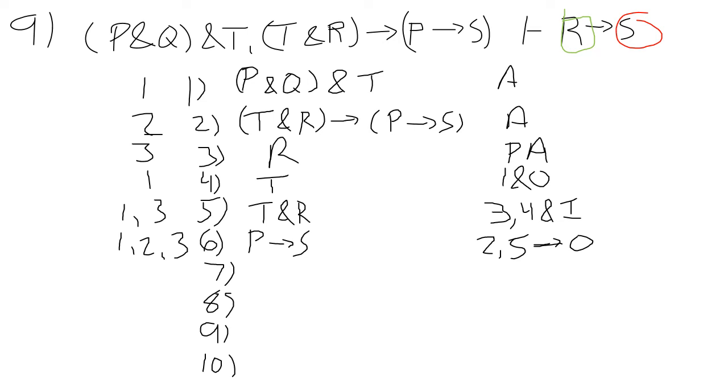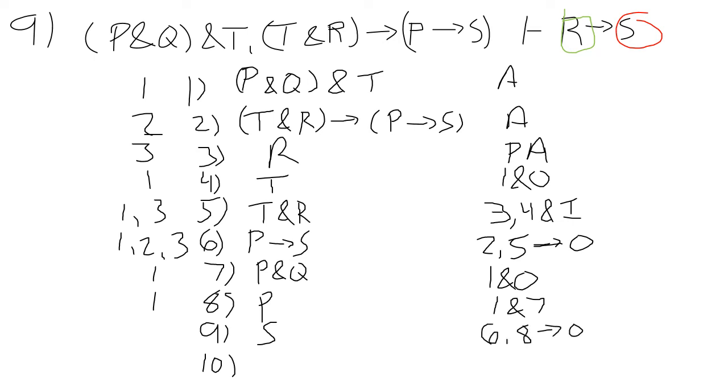That's the whole goal. So we need the P to get the S out. So we're going to have to separate the P and Q from line 1. And then we need the P by itself. So we'll separate that out from line 7. And then we can toss it into our conditional statement to get our S. So that's going to be 6 and 8, arrow out. 6 and 8 have 1, 2, and 3.